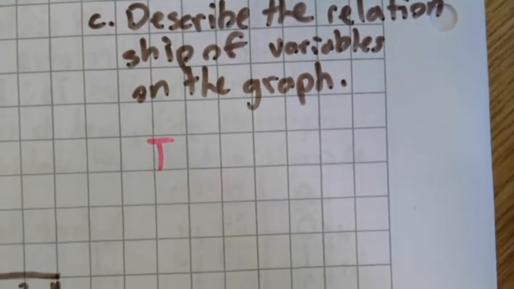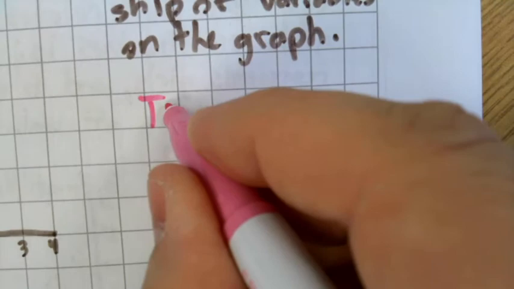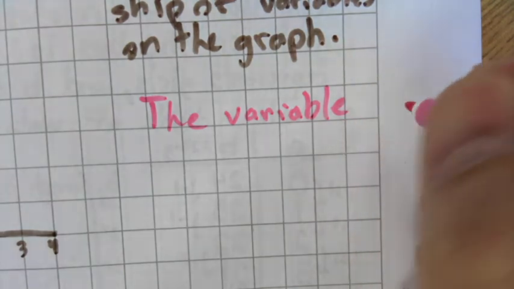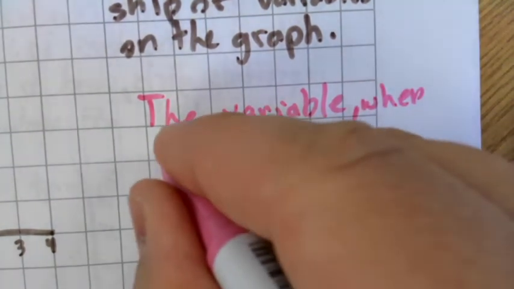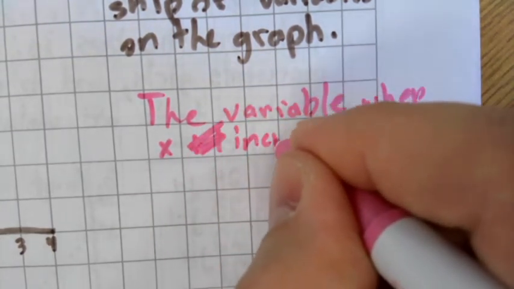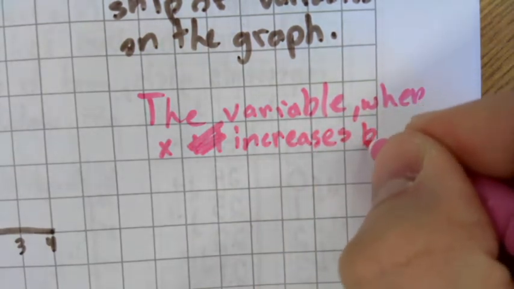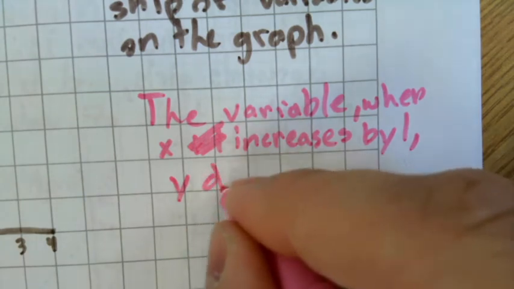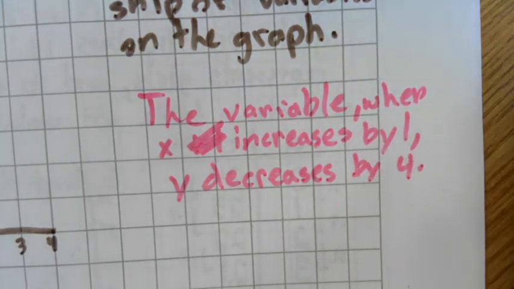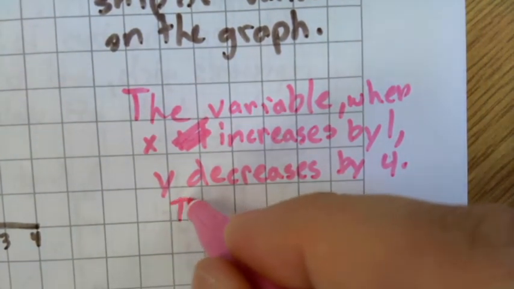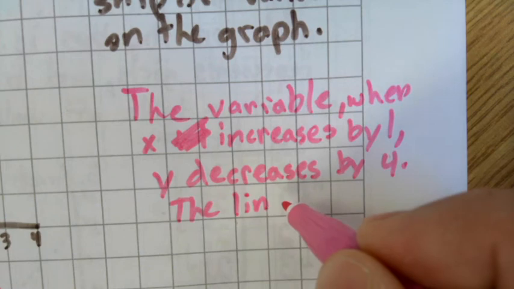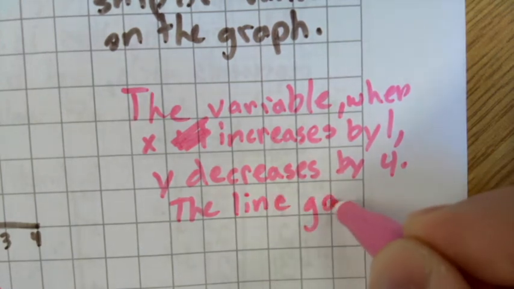I would say when x increases by 1, y decreases by 4. And the line goes down to the right.